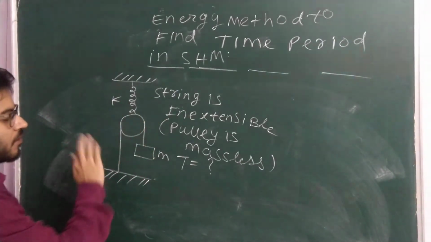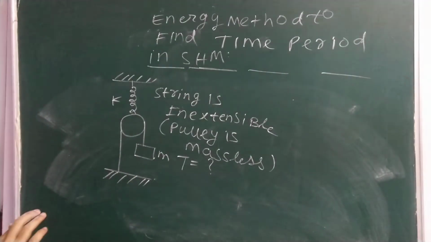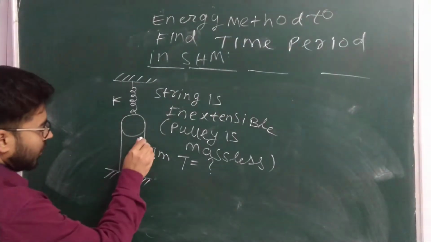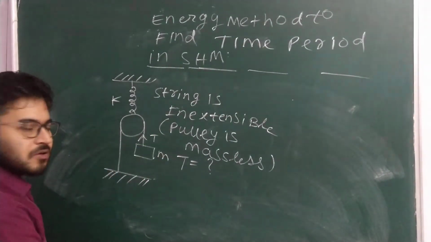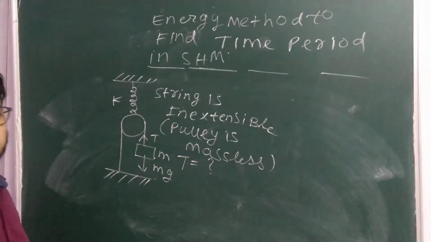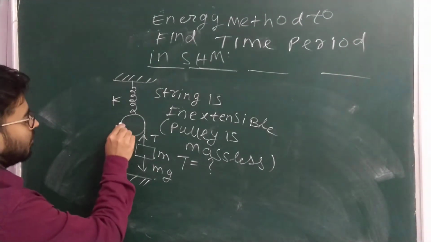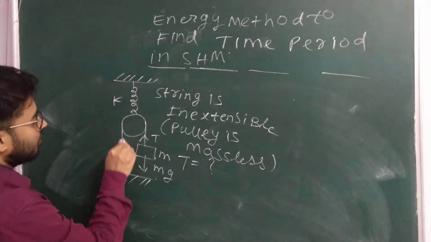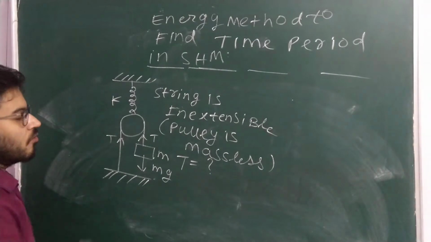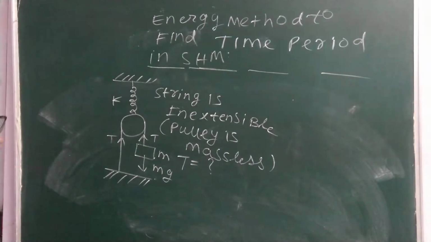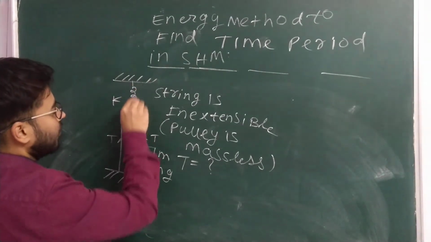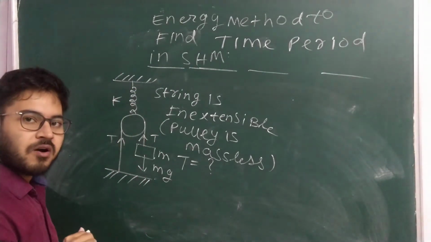If the system is not displaced, then we can say that the tension acting on the spring here should be balancing the weight. Due to this tension, the spring will undergo a small amount of extension. Let's call that extension x0.